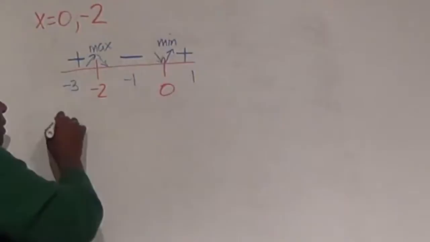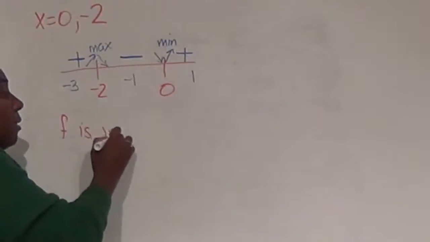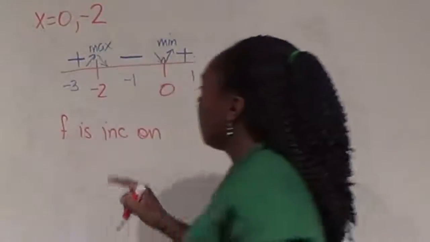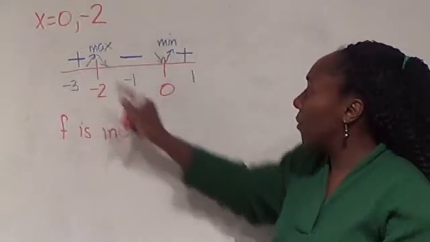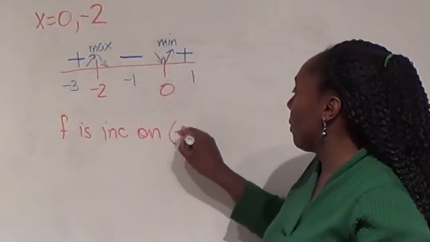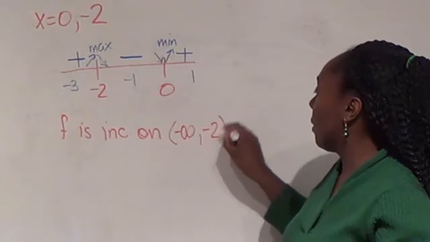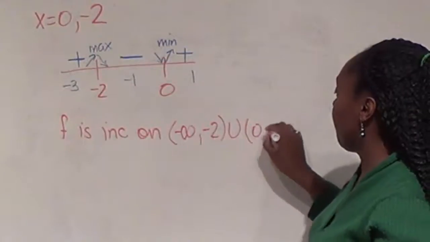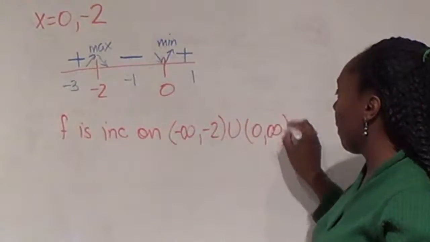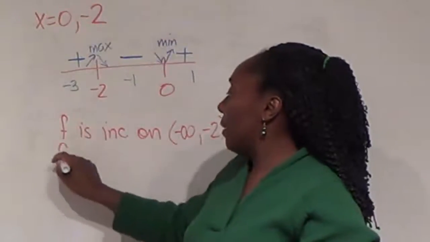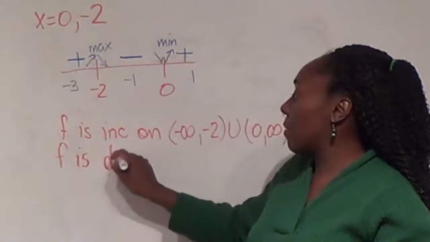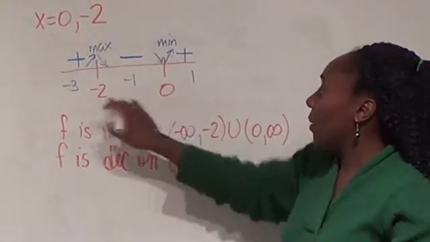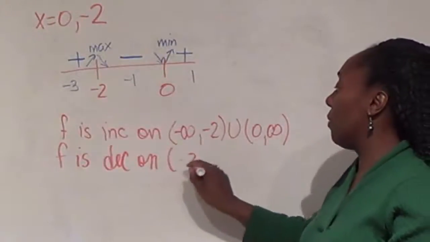So f is increasing on the interval from negative infinity to negative 2 and from 0 on. F is going to be decreasing on the interval between negative 2 and 0.